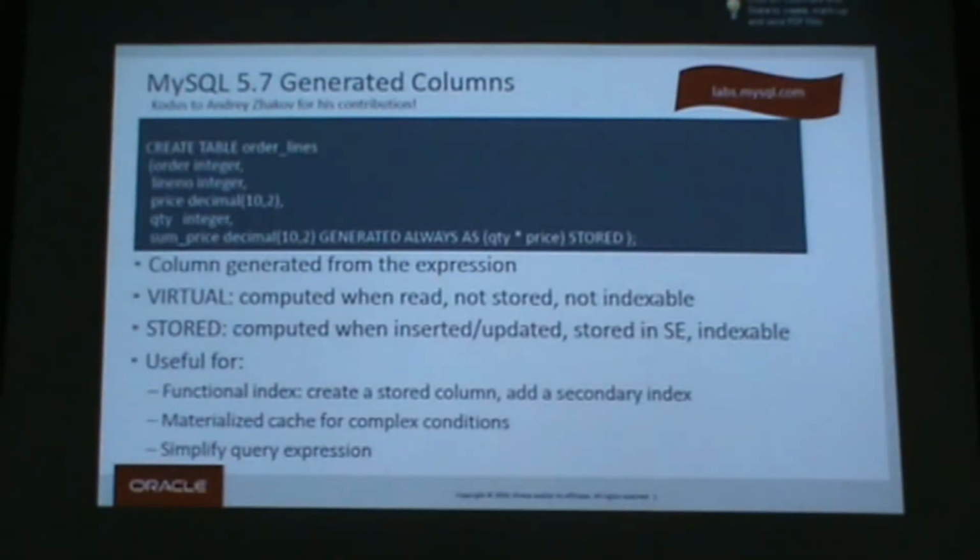With the virtual stored column concept, you can generate an index for upper name, and then start using that index, thereby improving the performance of the query. So that's useful for functional indexes. And if there is a complex condition that is needed every time, you can give it as input, store it and then retrieve it.